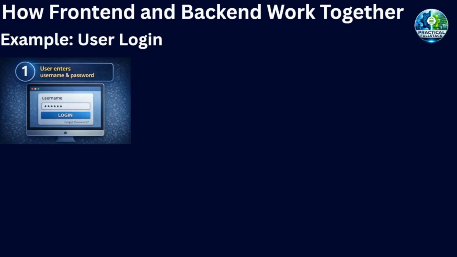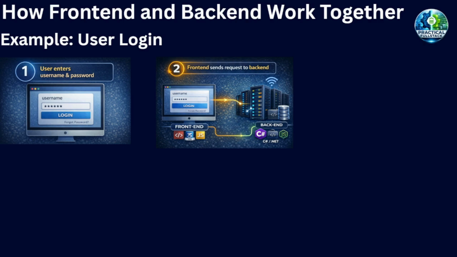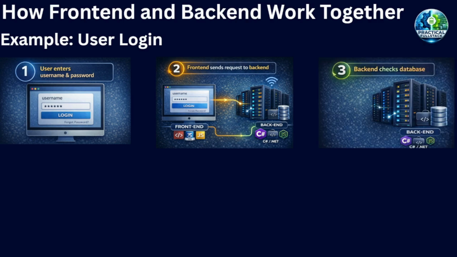First, the user enters their username and password in the login form of a website. This information is collected by the front end. Next, the front end sends this data as a request to the backend server. The backend then processes this request and checks the database to see if the user exists and whether the credentials are valid. After verifying the information, the backend prepares a response.